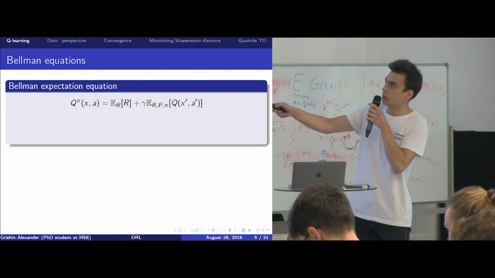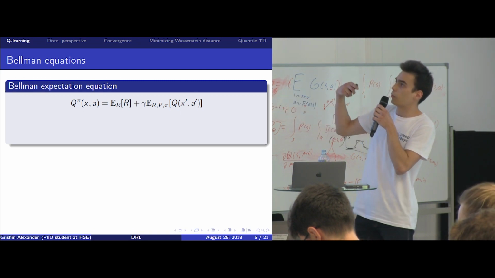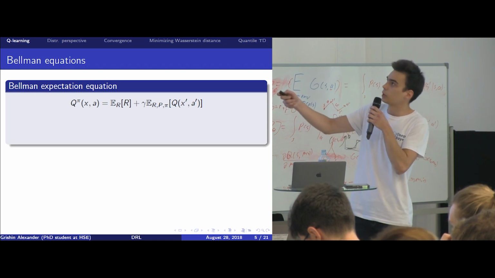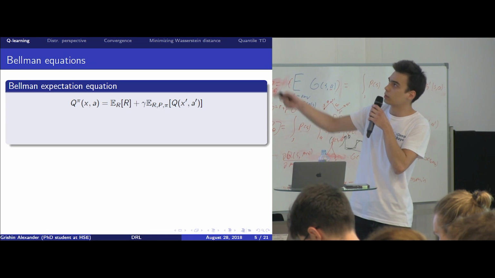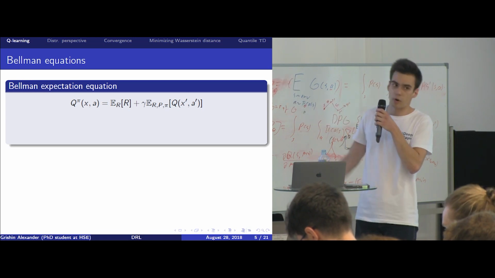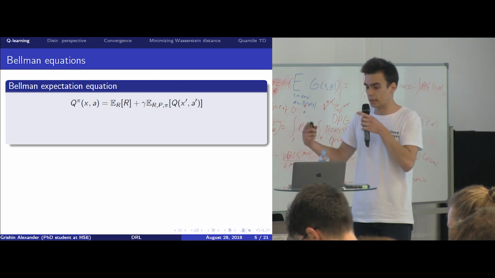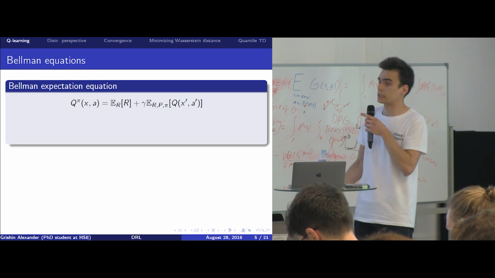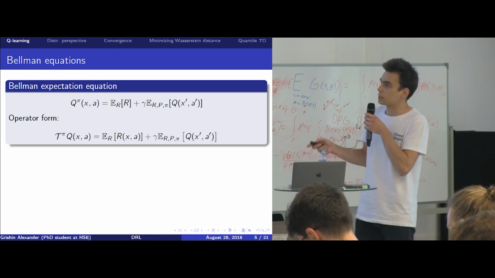Specifically, we are in the state X and action A, then we sample from the probability map the next state X prime, and from the policy the next action A prime. And with this equation, we can connect these functions.